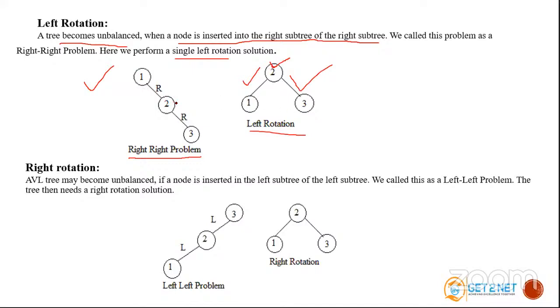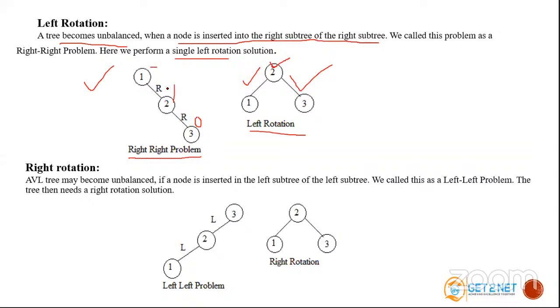See, here my tree is not balanced. 3 is 0, 2 is 1, and 1 is my how much?